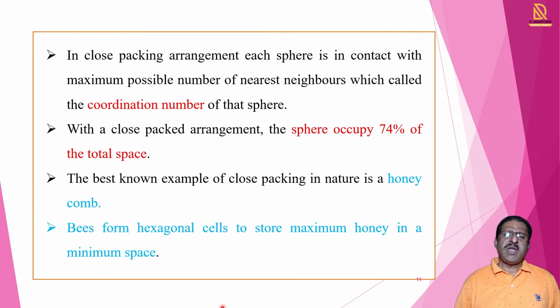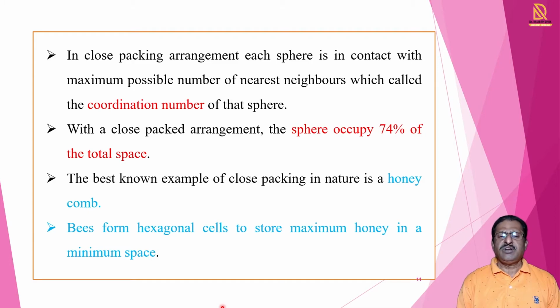So in the close packed arrangement, each sphere is in contact with the maximum possible number of nearest neighbors, and that is called the coordination number of that sphere. It means one central ion is surrounded by how many other ions; that is the coordination number.